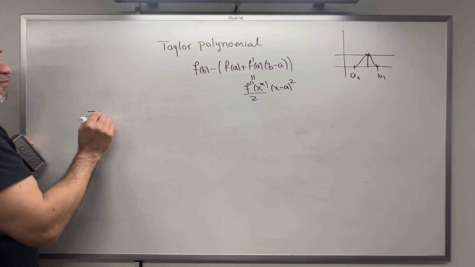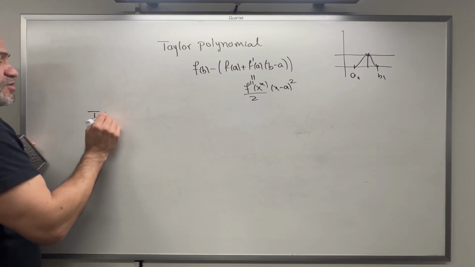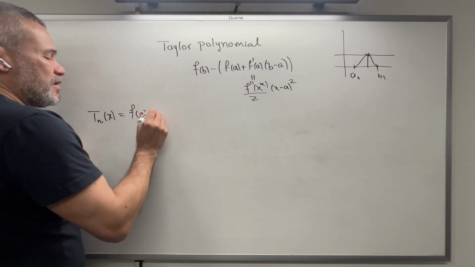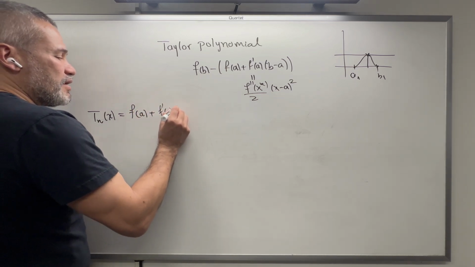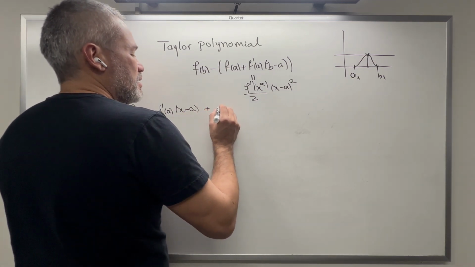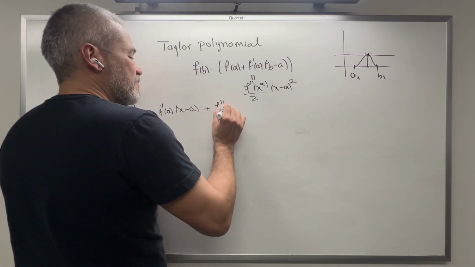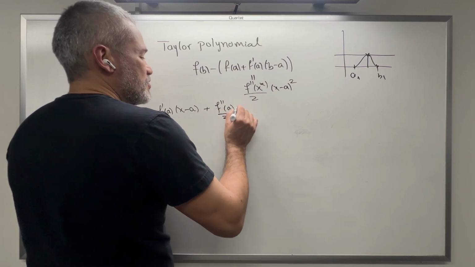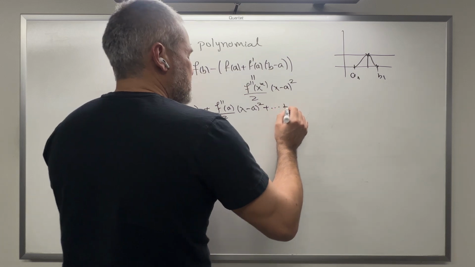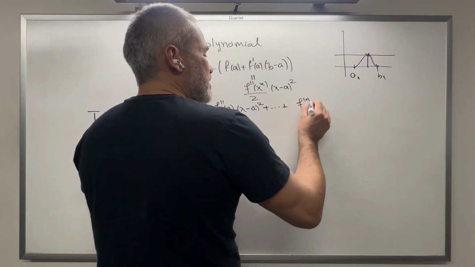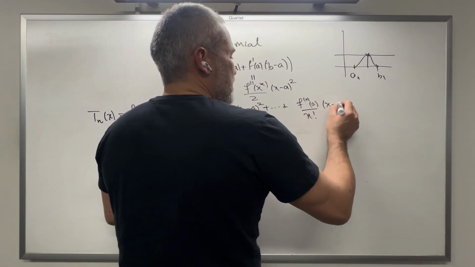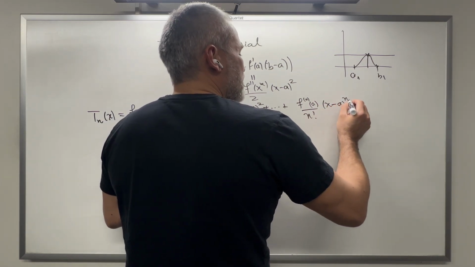The Taylor polynomial of order n, by definition, is just f of a plus f prime of a times (x minus a) plus the second derivative at a over 2 times (x minus a) squared, and so on, up to the nth derivative at a over n factorial times (x minus a) to the n.